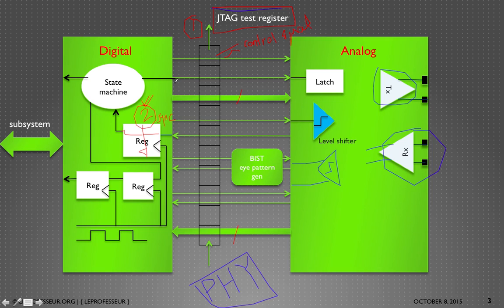Now another important thing is that you may send some signals to the analog part, and in the analog portion, if those signals are control signals, then analog designers must consider latching those signals before using them inside their internal logic.